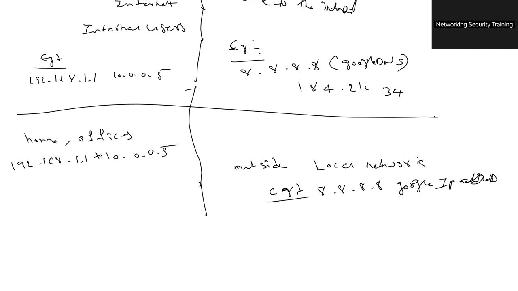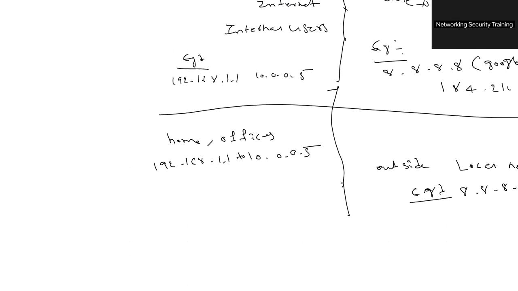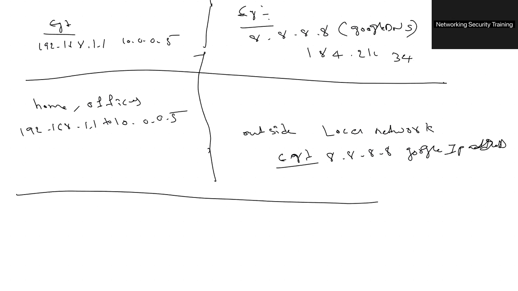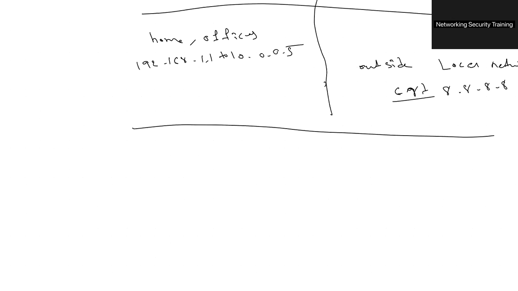So today we discussed these two. Coming to NAT, there are two different types of NAT. What are they?